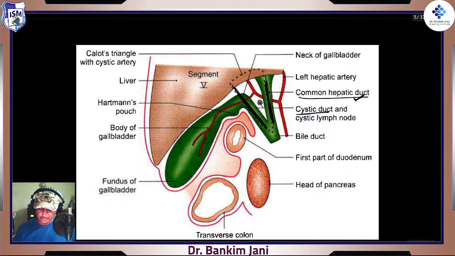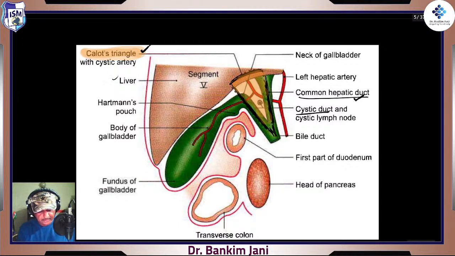And when we draw one more line above, that is where the liver is. So the triangle which is formed is called the Callot's triangle. That is called the Callot's triangle, right?